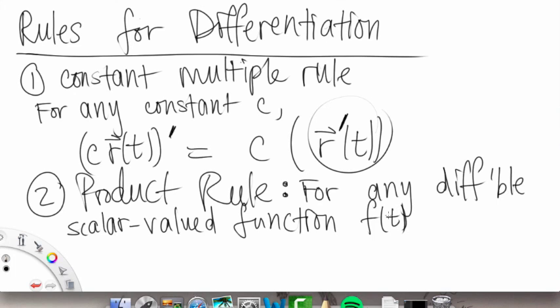See how when it's scalar, that means it doesn't have a little arrow on top like the r's do? And a vector valued function, r arrow of t. So that's a good comparison there.